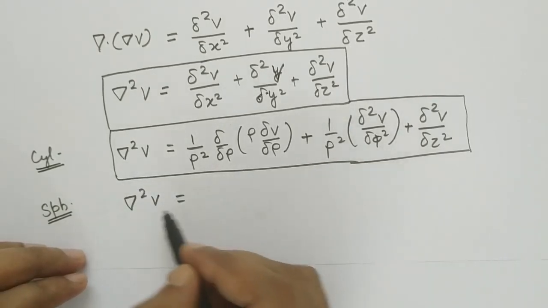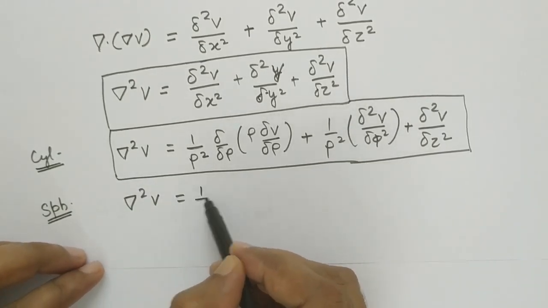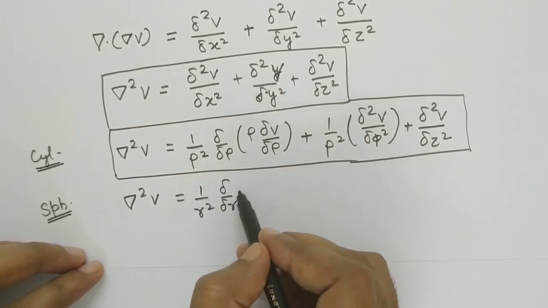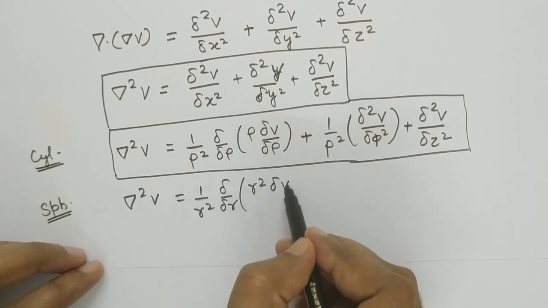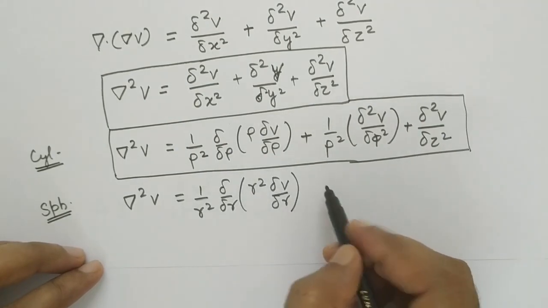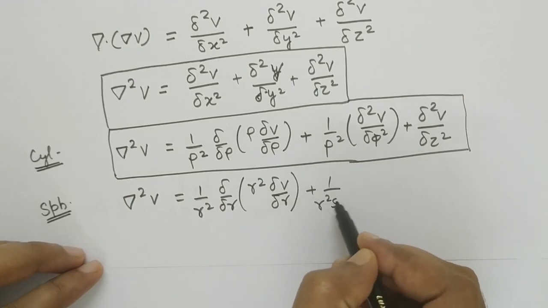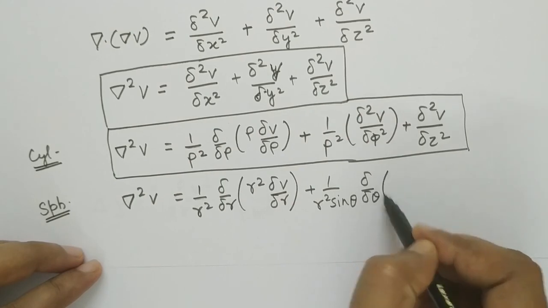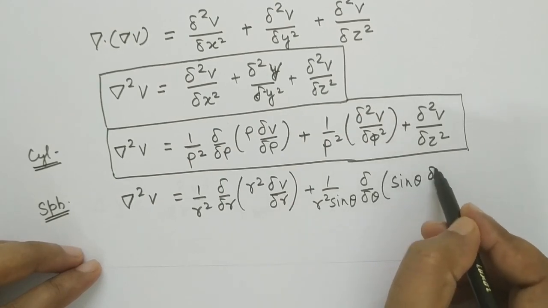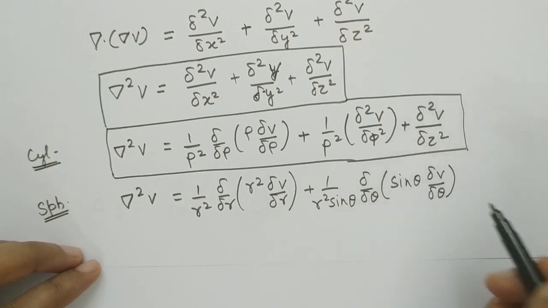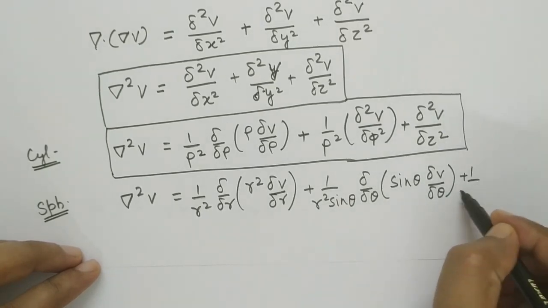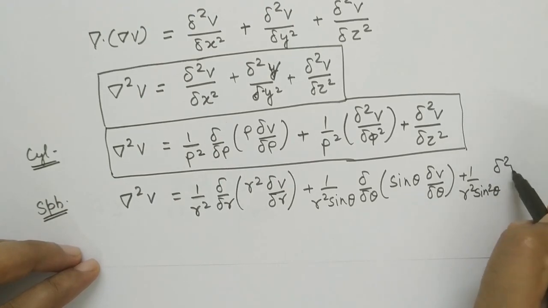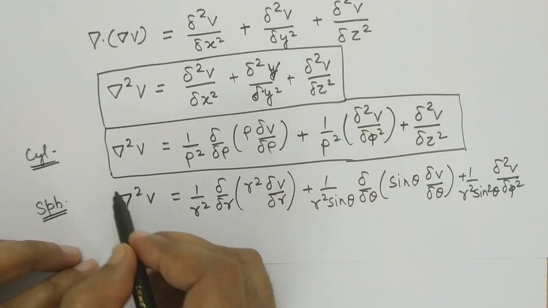Here we call del square the Laplacian operator. So the Laplacian of V in a spherical coordinate system is 1 by r squared del by del r of r squared del V by del r, plus 1 by r squared sine theta del by del theta of sine theta del V by del theta, plus 1 by r squared sine squared theta del 2 V by del phi square.